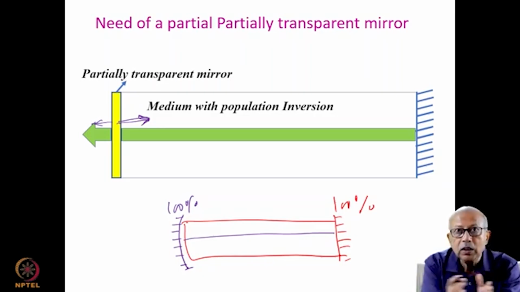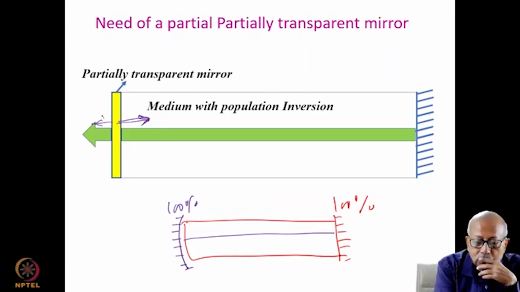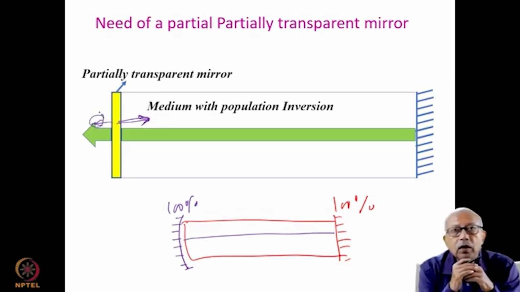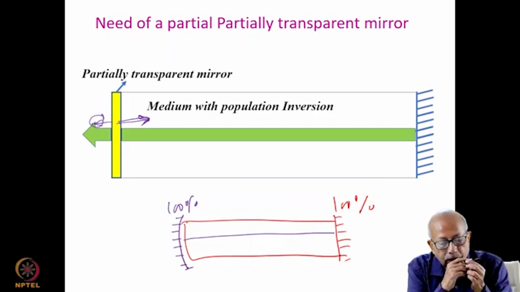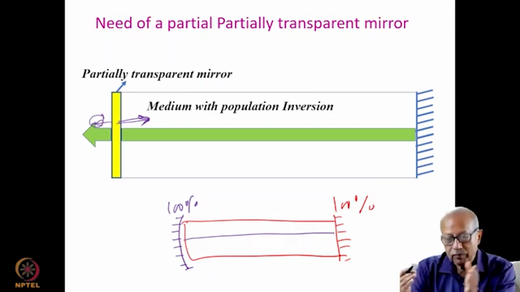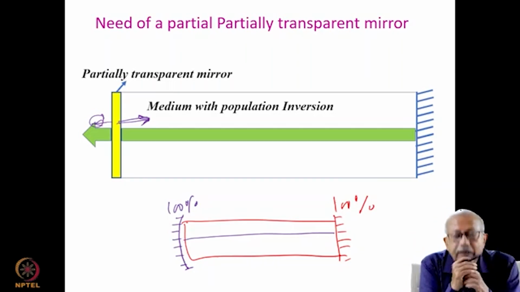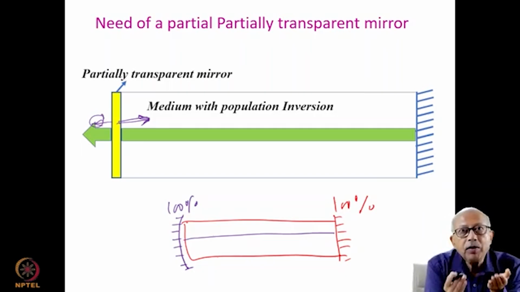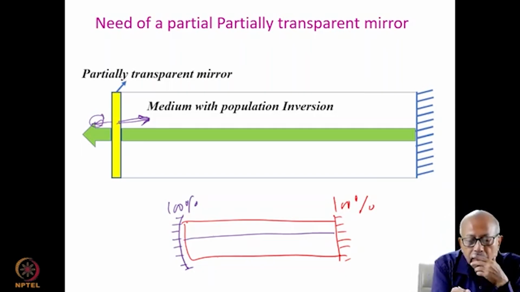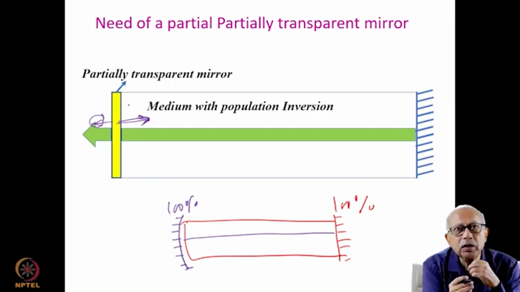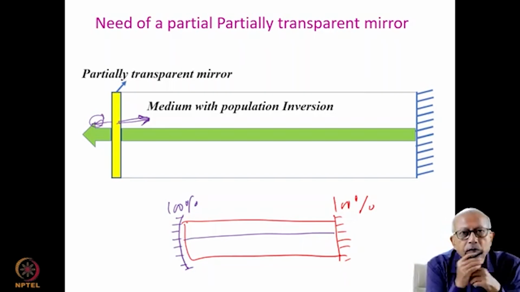The cavity is losing light, but this useful loss will form the laser. But we will see in due course that you cannot have any arbitrary value of the percentile transmission of this wave.